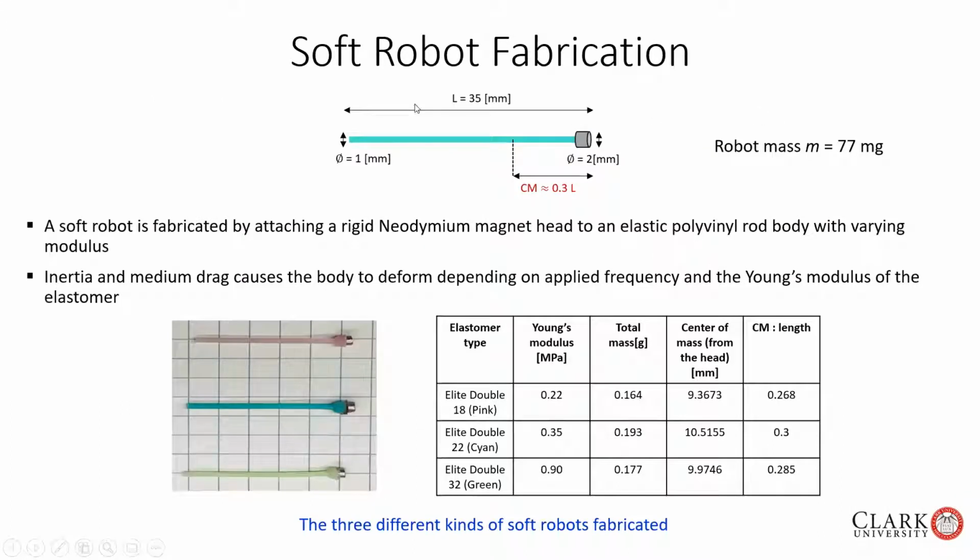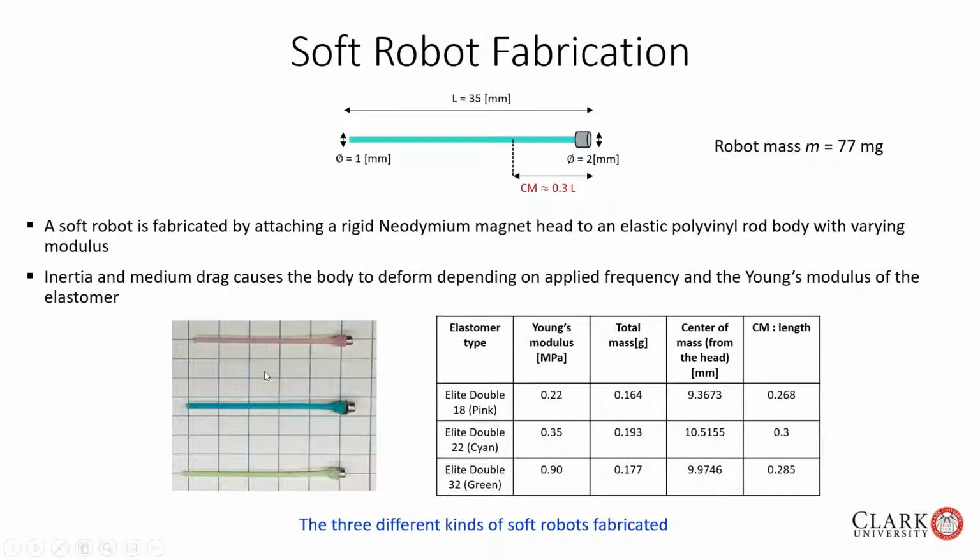A little bit about the robot's fabrication. In this diagram right here, we can see that the robot is comprised of 2 components, the magnetic head and the elastic polyvinyl rod body.